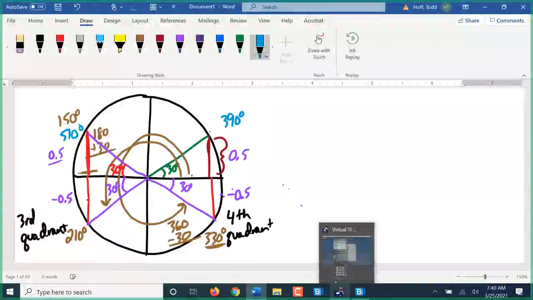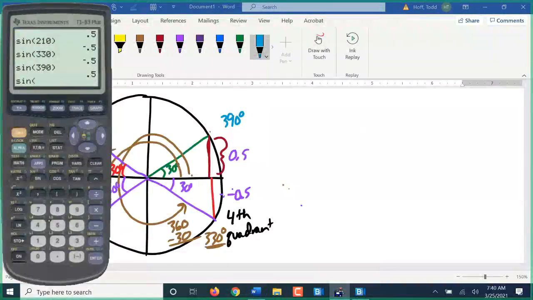Sine of 510 degrees is still 0.5. So all of those angles will have a sine that is the same. They're 0.5 or negative 0.5 because all of them have that same reference angle. That is the importance of those reference angles in the work that we're doing.